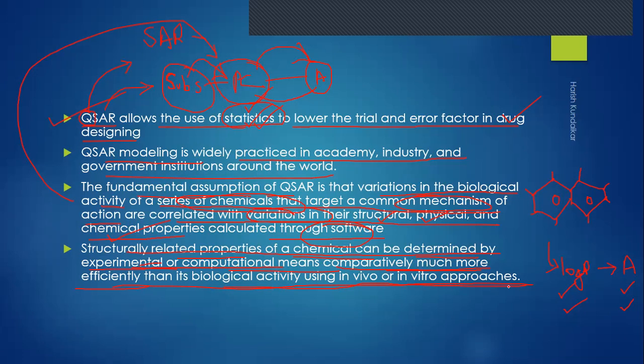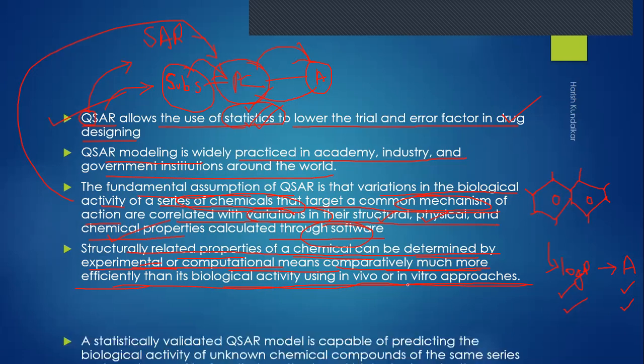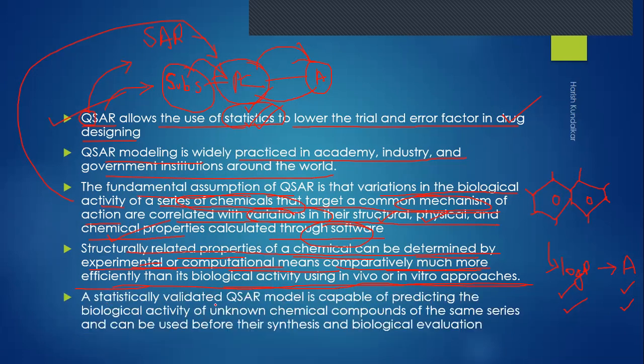We are deriving equations out of it. Once we change the values in the equation by changing the substitution, we'll be able to predict the value for the final molecule. That is the use of QSAR. Okay. So a statistically validated QSAR model is capable of predicting the biological activity of unknown chemical compounds of the same series and can be used before the synthesis and biological evaluation.